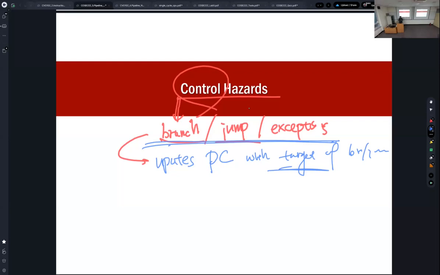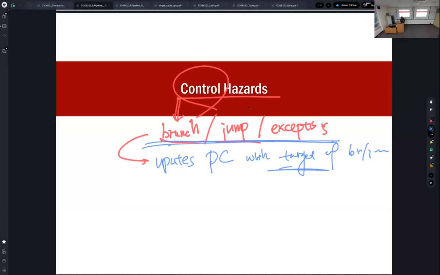If there are no branch instructions, jump instructions, or exceptions, the PC value is just incremented by 4 every clock, so we can read and execute the next instruction without wasting clock cycles.